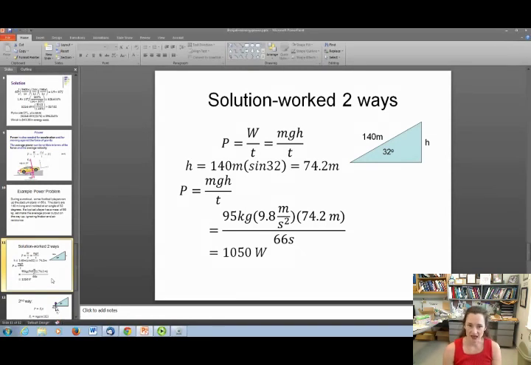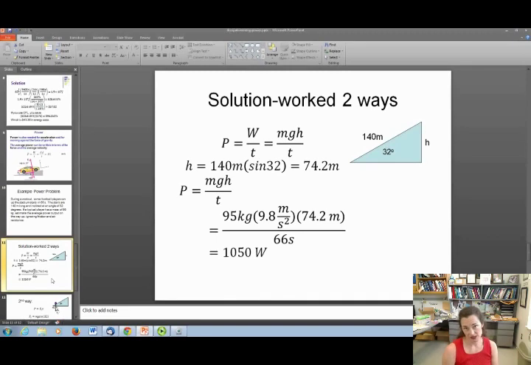If I plug that in now, the power would be equal to mgh divided by the time. The football player's mass is 95 kilograms times g, 9.8 meters per second squared, times h, 74.2 meters. And then it said in the problem that it took them 66 seconds to run up, so you divide by 66. Then you get 1,050 watts of power output on the part of the football players.